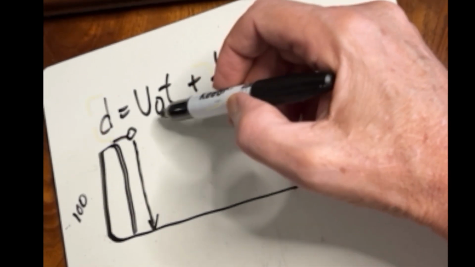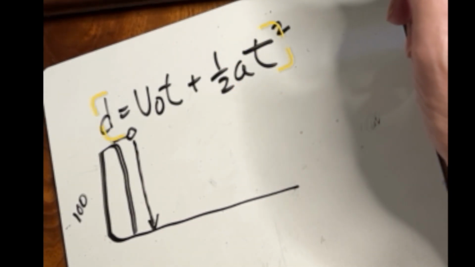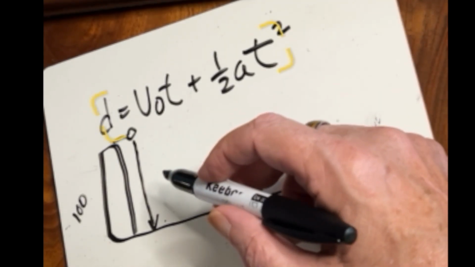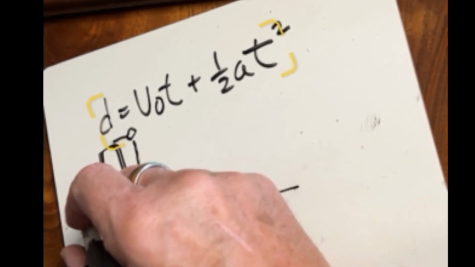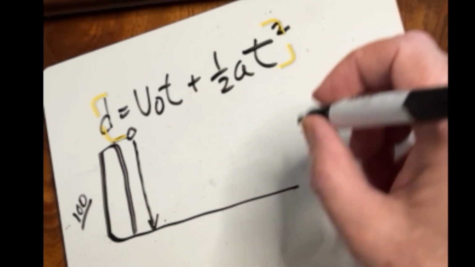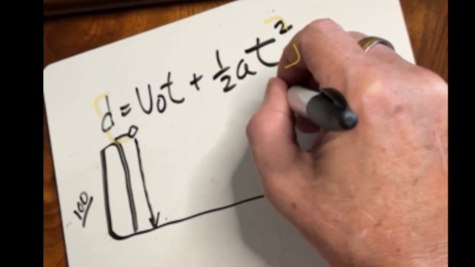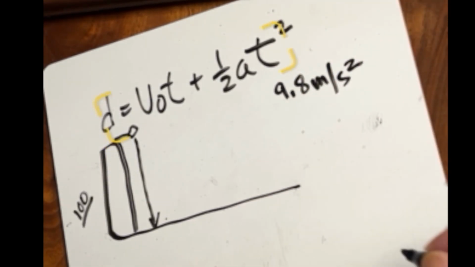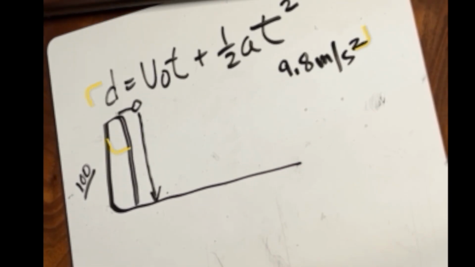First of all, what is the initial velocity? Well, it's 0. We're just holding it out and releasing it. So how long will it take for this ball to fall 100 meters under gravitational acceleration? Well, we need a couple more things. Gravitational acceleration is 9.8 meters per second squared. So let's go ahead and put our numbers in.